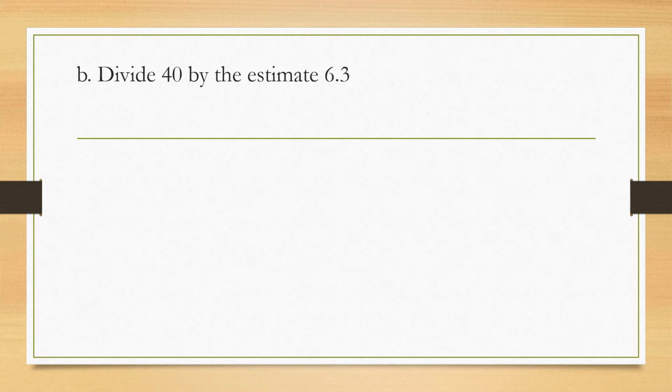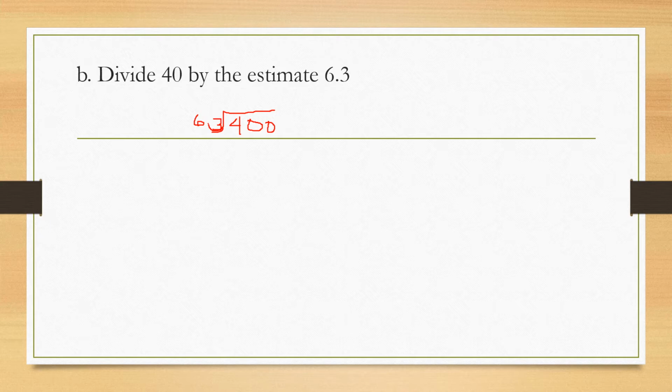Using the pen, we have 40 divided by 6.3. We can move the decimal so that we can add a 0. It becomes 400 divided by 63.